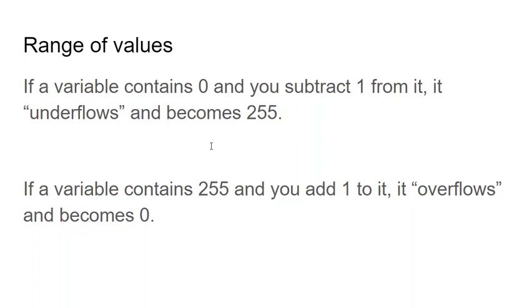Anyway, if you subtract 1 from 0, the number underflows and becomes the biggest possible positive number that it can store. And if you have 255 and you add 1 to it, it overflows, it rolls over. This is like your odometer on your car rolling over, or a stopwatch rolling over. It goes back to 0, so it becomes the smallest number it can contain.